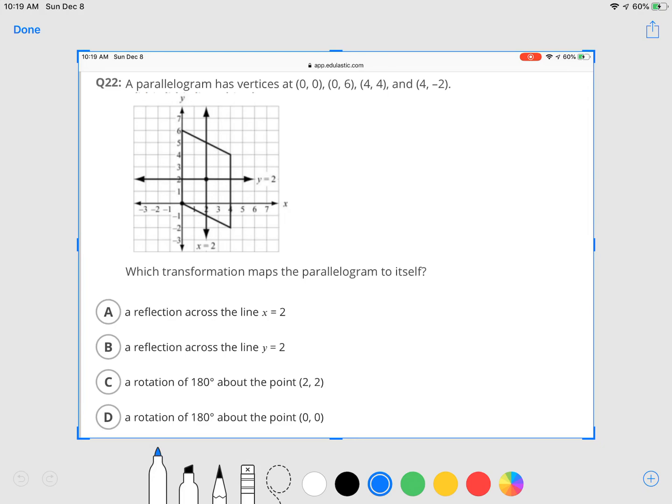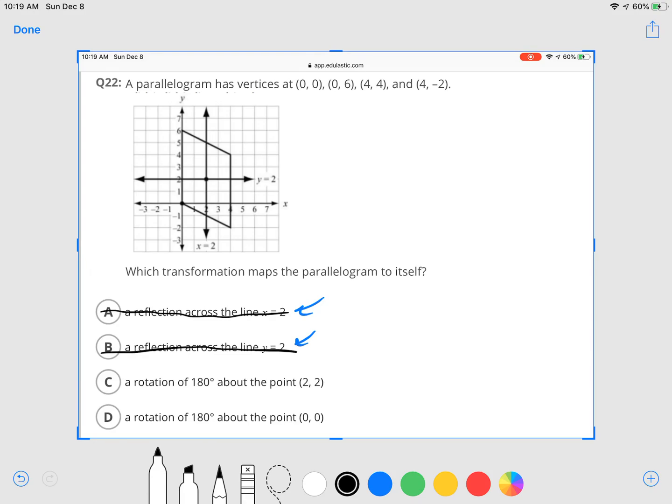But this parallelogram is definitely not a rhombus. It's got kind of a longer dimension up and down than it does a width left and right. So it's definitely not a rhombus. So we're not going to be able to reflect across any of these lines. So we can scratch these out.